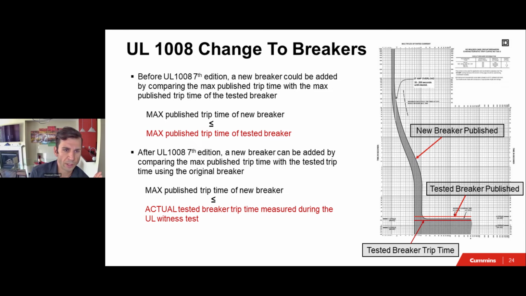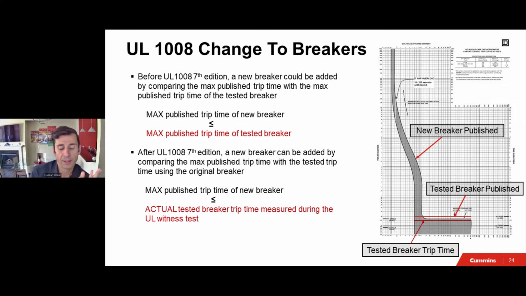All we have to do is compare the published TCC curve of the new breaker with the breaker that we tested with, and as long as the new breaker's published data is less than or equal to the max published one that we tested with, then we're good to go.